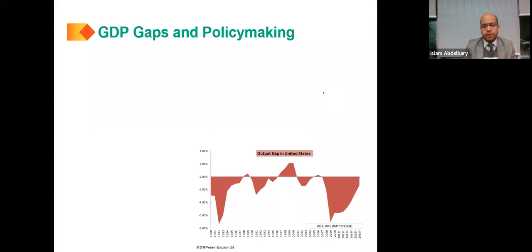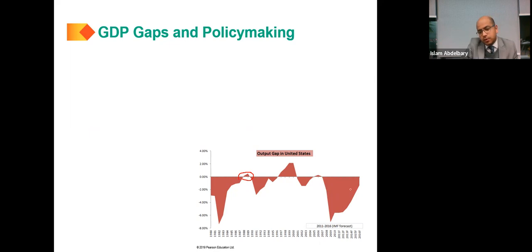So this is the output gap in the United States. Mostly the output gap is negative, lower than the potential, except for a few years: the first years of Bill Clinton and the last years of George Bush.